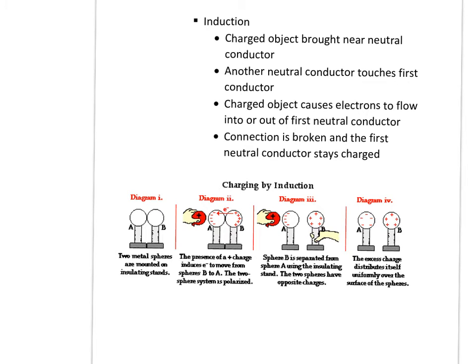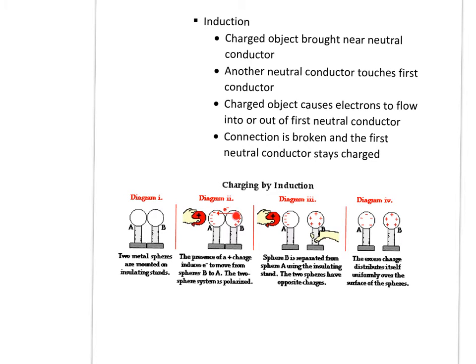So charging by induction, you are inducing a charge, and I guess we use the word inducing because you're not actually touching the object. What's going on there is what we're going to look at next. It's being polarized. This positive charge is attracting electrons in this neutral sphere.